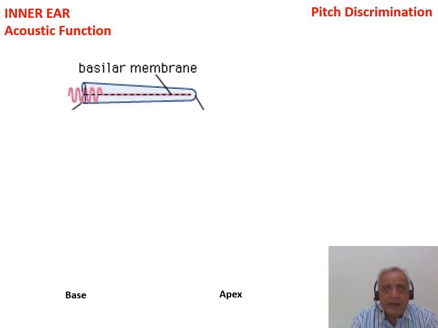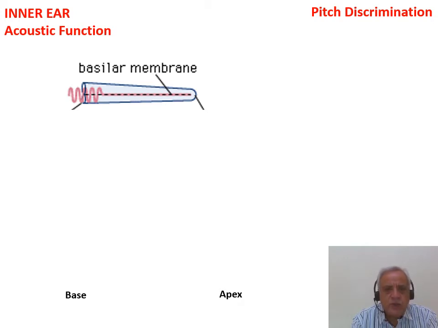You remember the parameters? We have mainly two parameters, the pitch and the loudness. The pitch discrimination, or the frequency, will depend on where the basilar membrane is stimulated. If it is stimulated at the base near the oval window, this will be a high frequency sound.